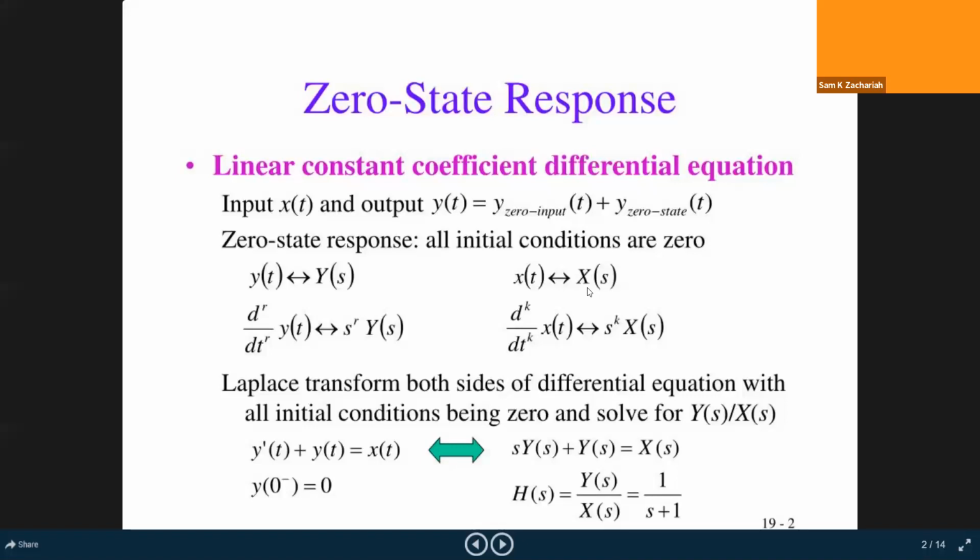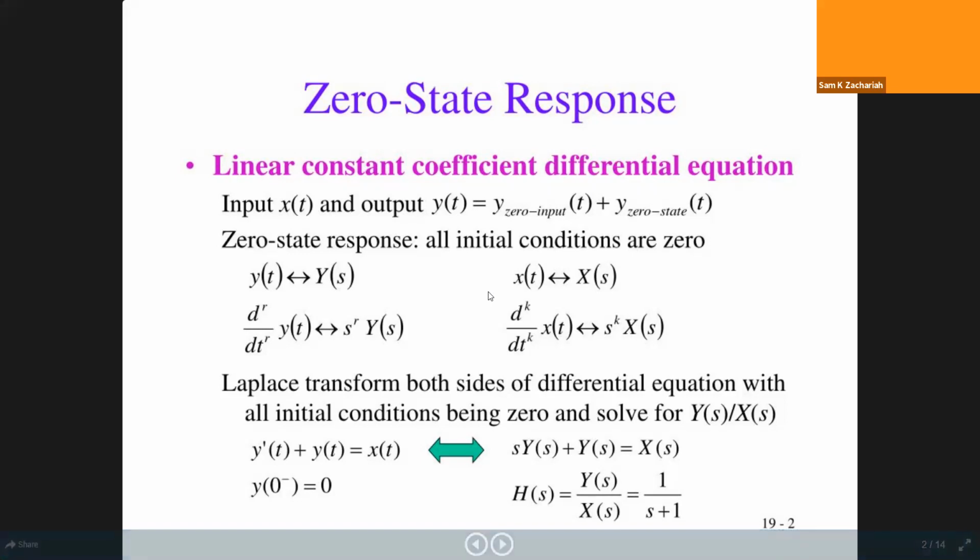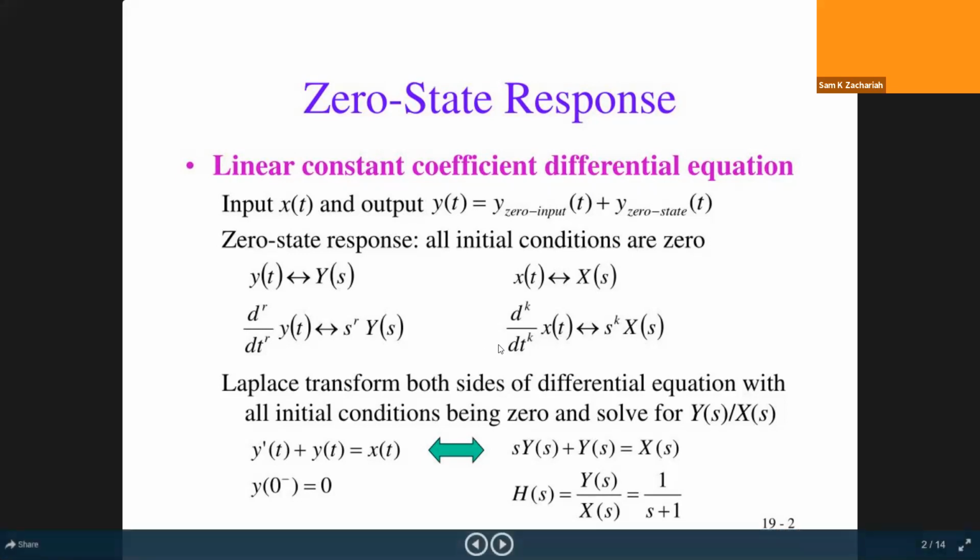I know that you all studied Laplace transform, right? Yes, sir. So we are assuming that you are familiar with the Laplace transform properties. With that background only, I am going to teach you.